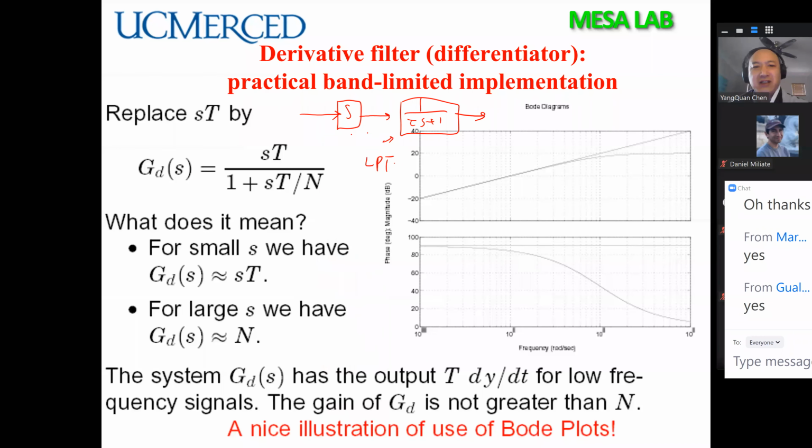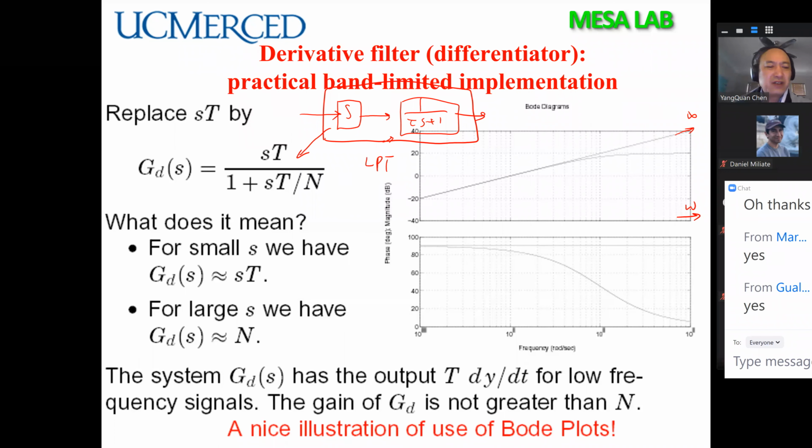And together, this one is like this, okay? It's called a practical differentiator.